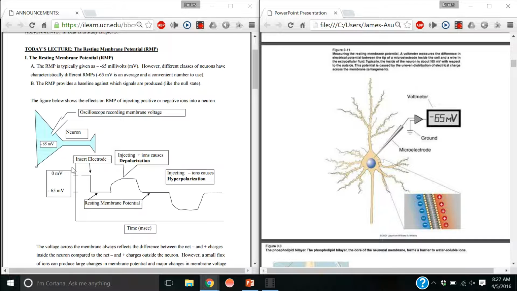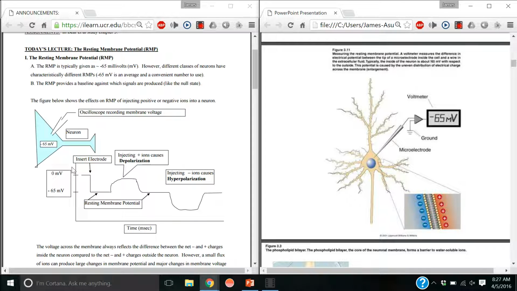Now, you understand that different neurons have different resting membrane potentials. In fact, when we talk about the visual system, you're going to learn that the photoreceptors have resting membrane potentials that are closer to minus 30 millivolts. Some textbooks will say the resting membrane potential is negative 70 millivolts, others will say minus 65, others will say minus 60.